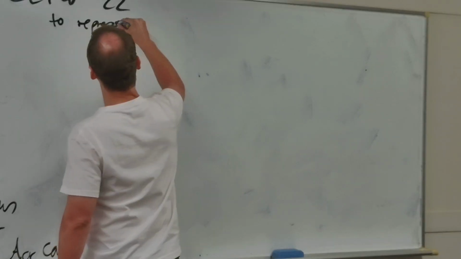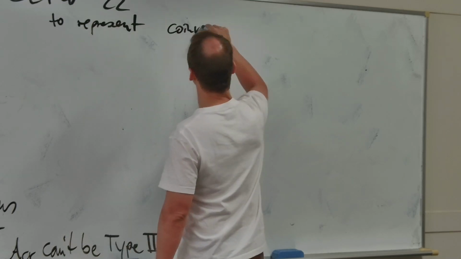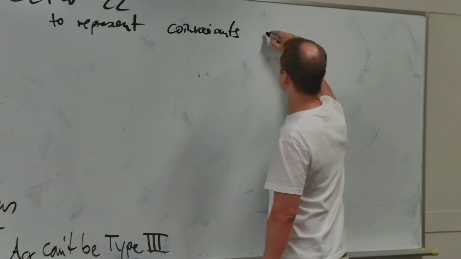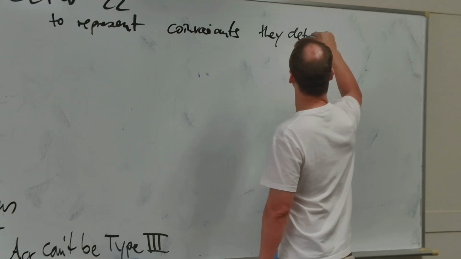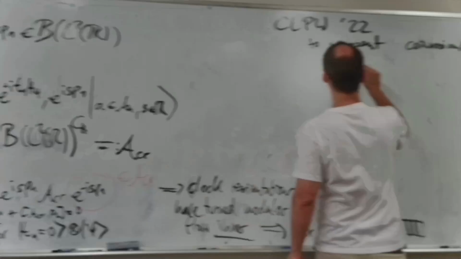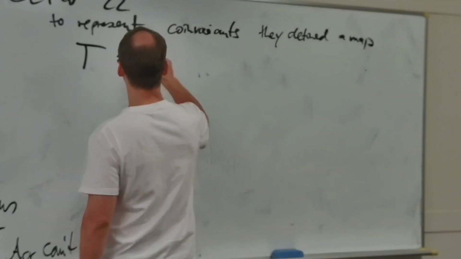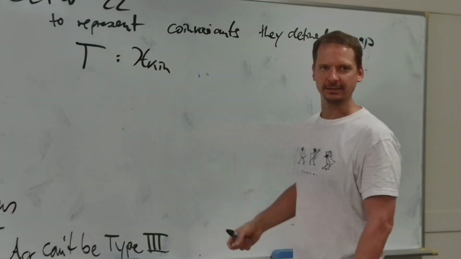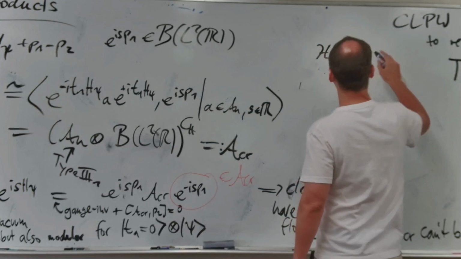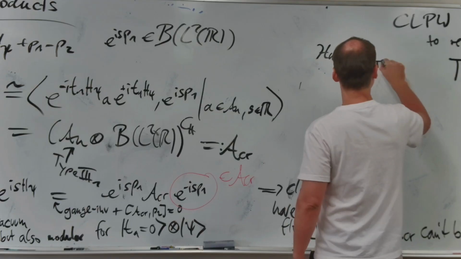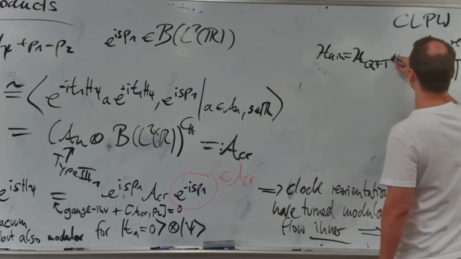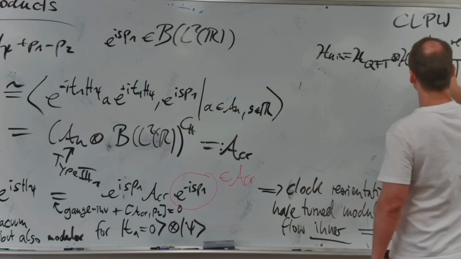To represent co-invariants, they defined a map, and they call it something like T. I'm using our notation from the kinematic Hilbert space, so I should say H_kin is H_Q of T. You know where H_psi lives, then just call it H1 and H2.